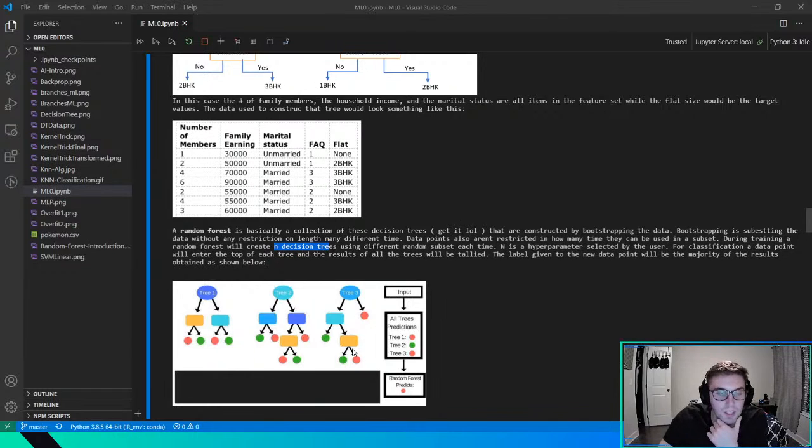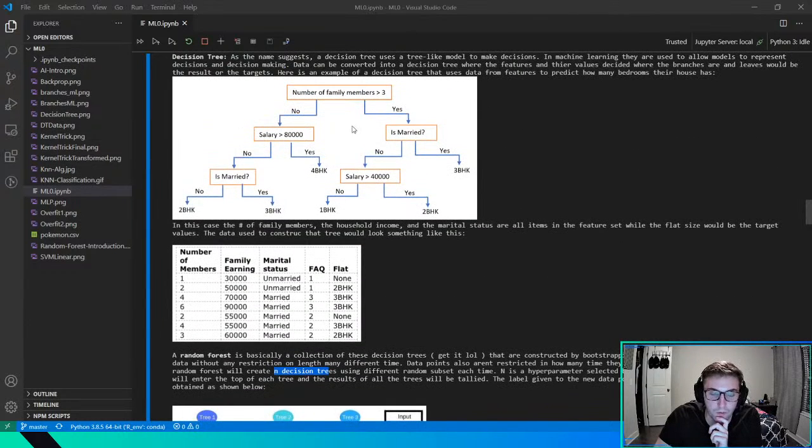There's also something else we should consider with bootstrapping that's maybe not required, but is recommended. If we took the same data points and just resampled each time, most likely we would split on the same feature each time, based on which one's most important.